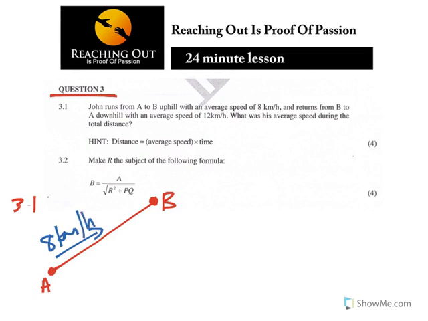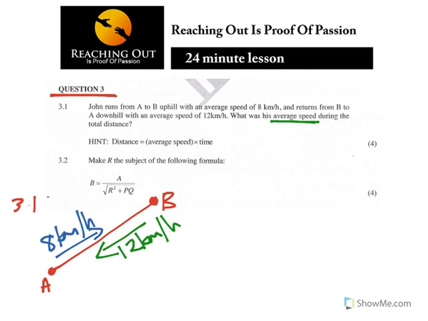And also on the back trip, John is running from B to A and they're telling us now he's running faster, at 12 kilometers an hour. Now the question says then, what is his average speed during the total distance? Now they're saying hint, distance is equal to average speed times time. That hint is very important.